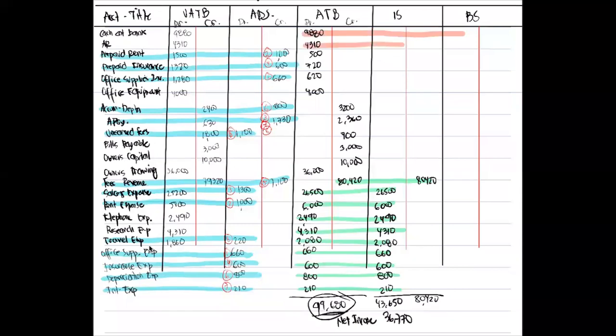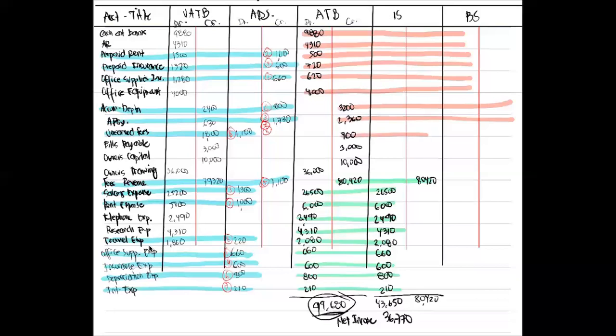We will forward the AR, the prepaid rent, the prepaid insurance, the office supplies inventory, the office equipment, the accumulated depreciation, the accounts payable, the unearned fees, the bills payable, the owner's capital, the owner's drawing, and of course, your net income. Where do we put net income? It goes on the credit side. So we will just forward the items.